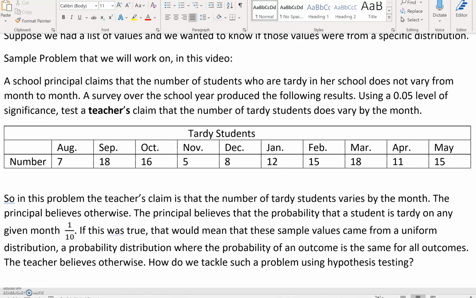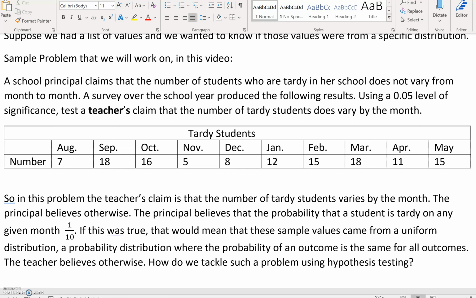So for any given one of these school months, we're assuming here based off this table that the school is not in session in June and July. So there are only 10 months to choose from. So the probability that a student is tardy on September, for example, would be 1 out of 10. This is for an individual student.